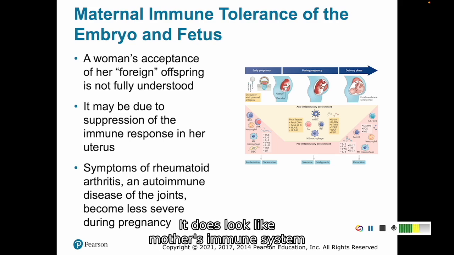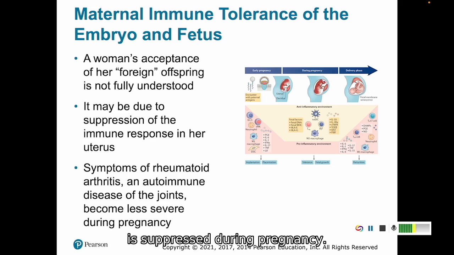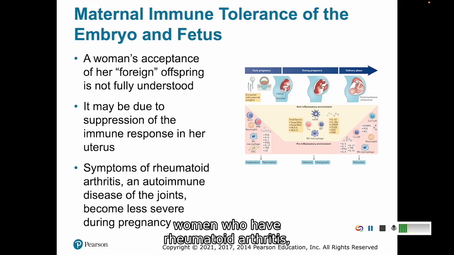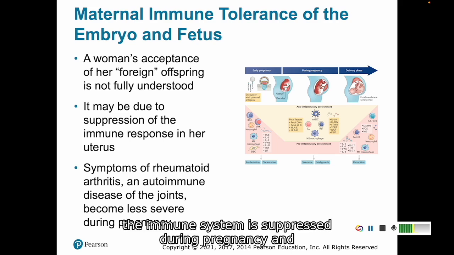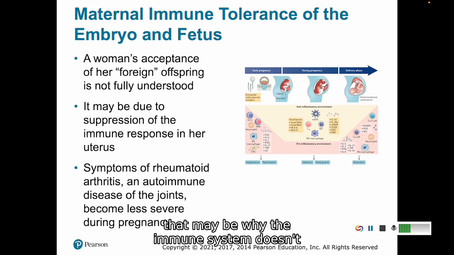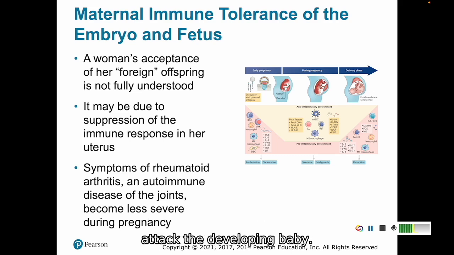It does look like mother's immune system is suppressed during pregnancy. And if you look at women who have rheumatoid arthritis, this is one type of autoimmune disease, their symptoms of this autoimmune disorder become less severe during pregnancy. So that suggests that the immune system is suppressed during pregnancy, and that may be why the immune system doesn't attack the developing baby.